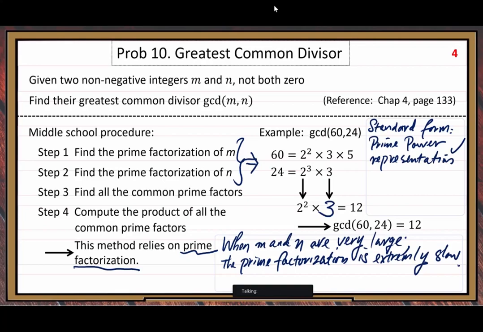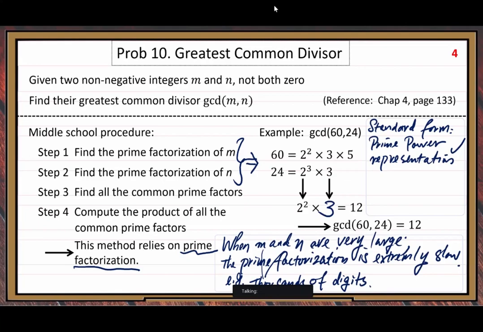Here I give you an example to give you some idea. How large can we imagine? Thousands of digits. Each number has several thousand digits. Imagine that.